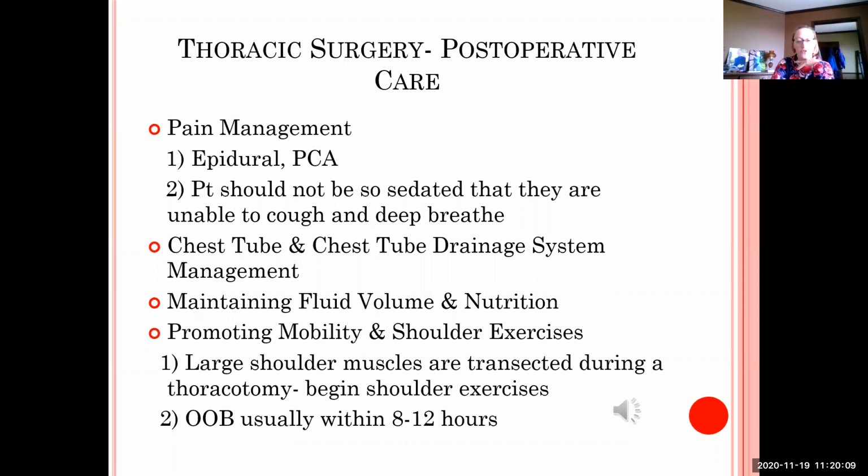Maintain fluid volume and nutrition, and promote mobility and shoulder exercises. Especially if they've had a complete open thoracotomy, those shoulder muscles are affected, so they need to use those muscles and do those exercises to prevent complications. They usually want them up and out of bed within 8 to 12 hours.